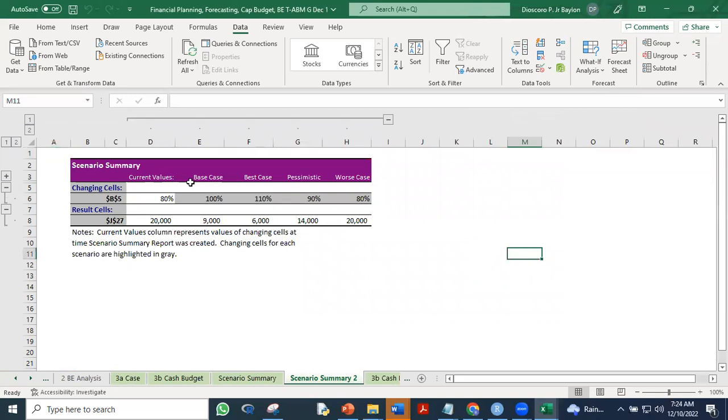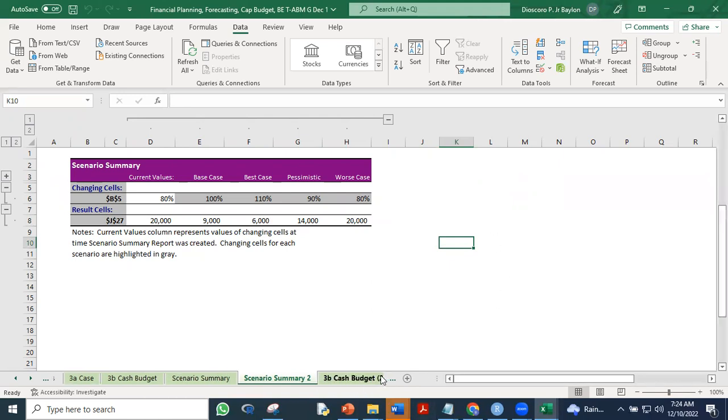Okay, take a look at this. If it's the base case, the cumulative borrowing as of June will be 9,000. But if it's the worst case, the cumulative borrowing will be 20,000. So it gives us the different values, each for the base, best, pessimistic, and worst case, depending on what result you would like to see.